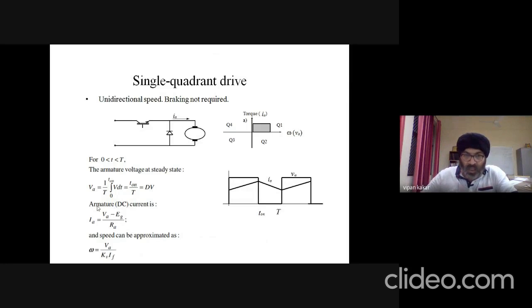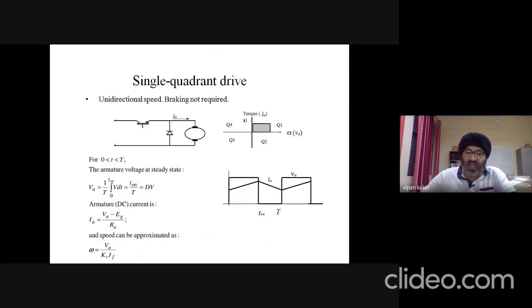Now what about the average armature current? It is equal to the armature voltage minus the back EMF from the motor. Ideally, let's say back EMF is 0. VA is the armature voltage, RA is the armature resistance, so IA, the armature current, will be equal to VA divided by RA.